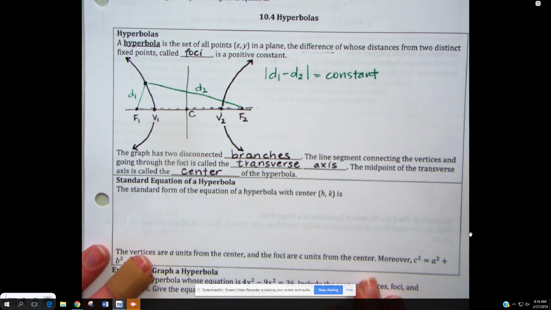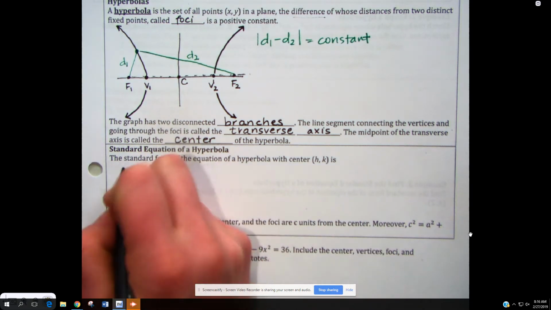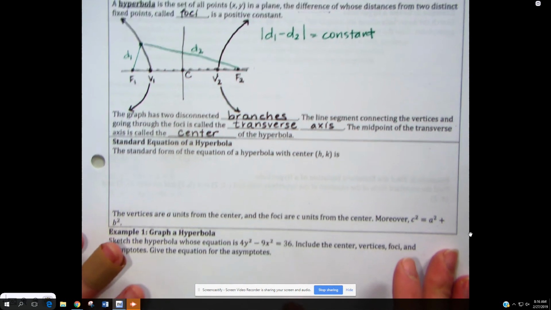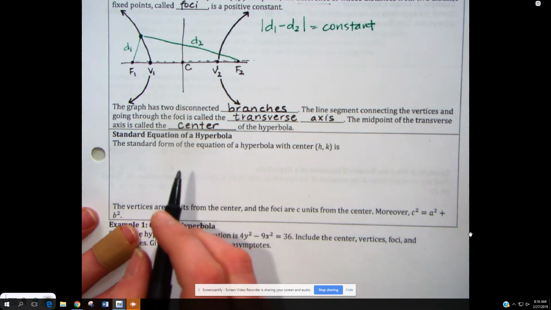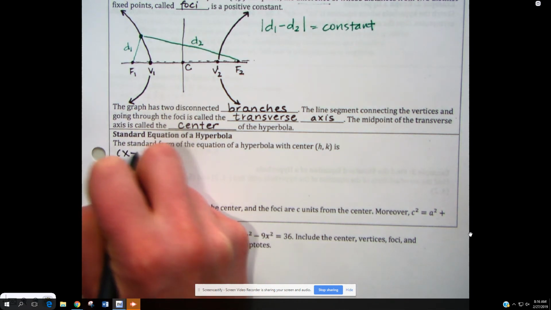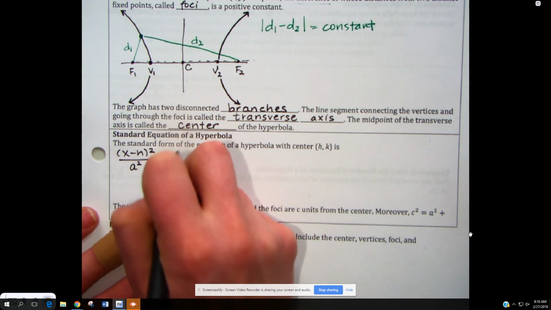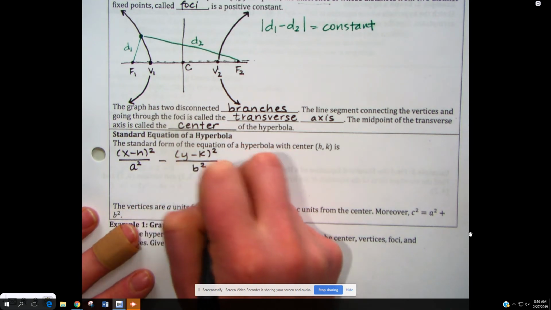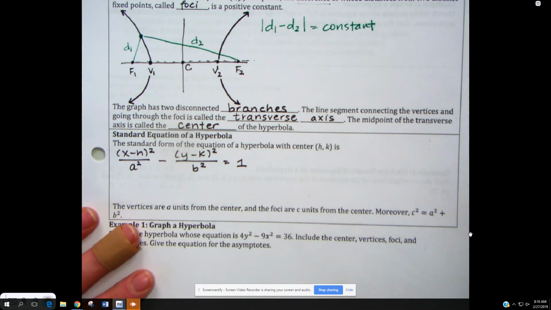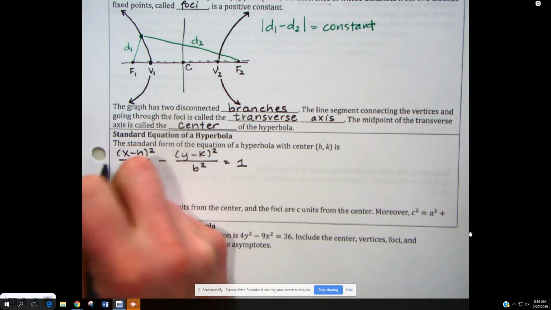The standard equation for a hyperbola, just like before, there are two of them, and it depends on your directions. So hyperbolas either open right, left, or up, down. My picture here is opening right to left. That equation would look something like this. Notice that if you're opening right and left, we'll make a little sketch next to it.